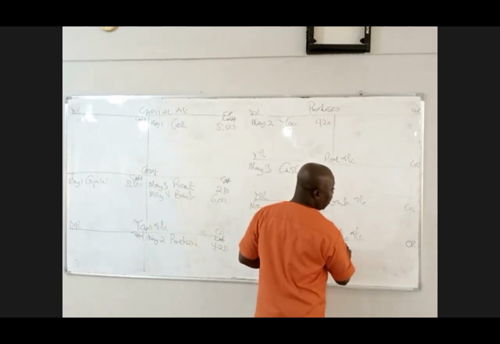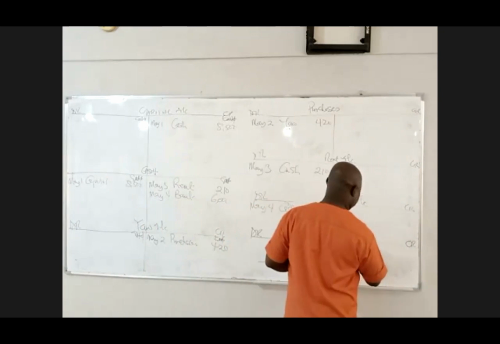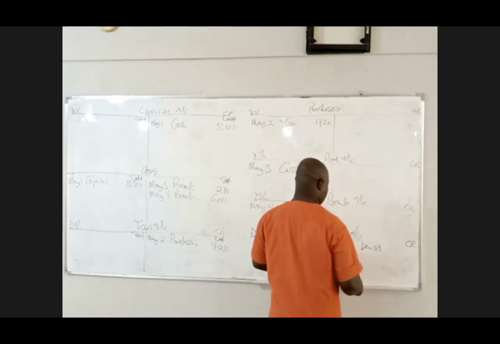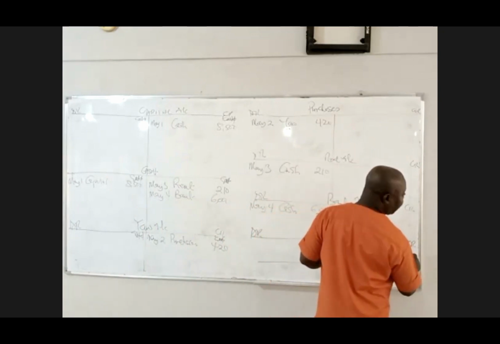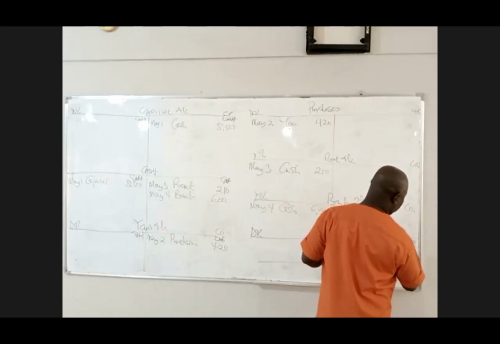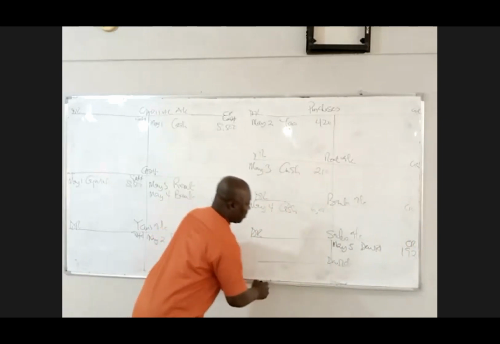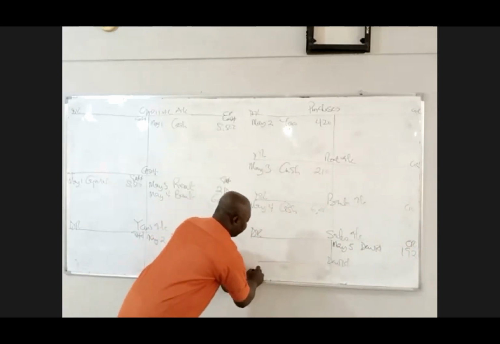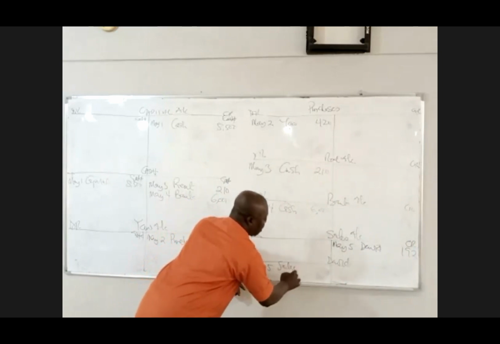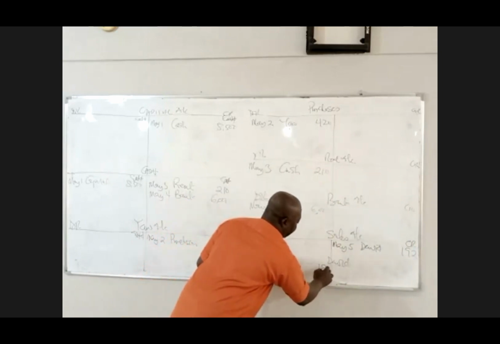So on May 5th, we say David, how much? 192. Then we come to David's account, where we have sales 192.